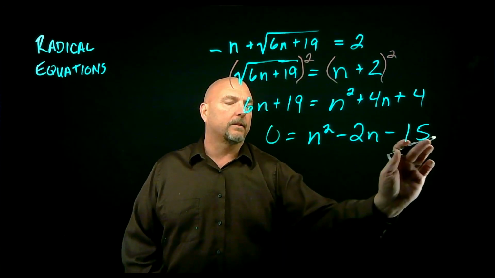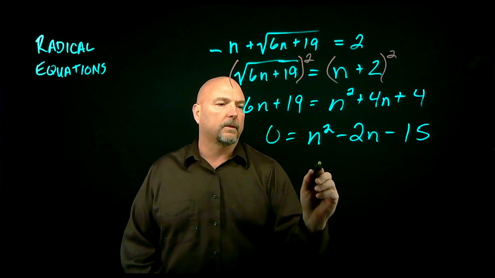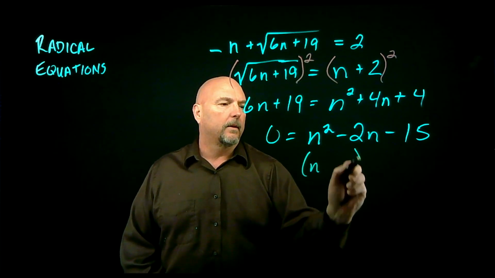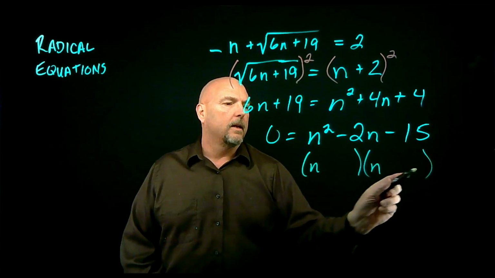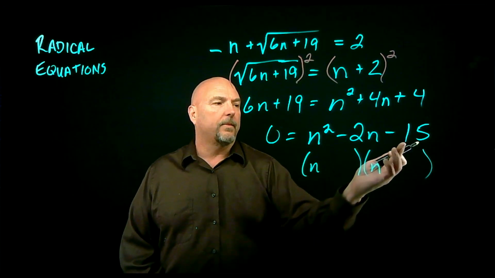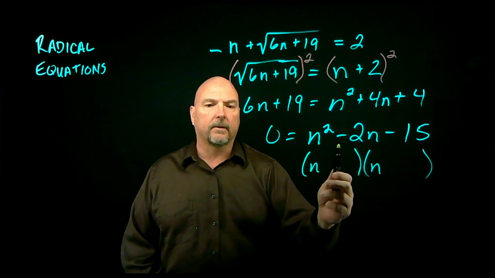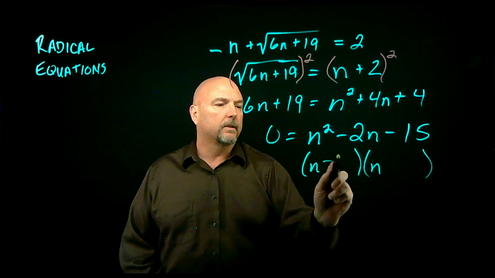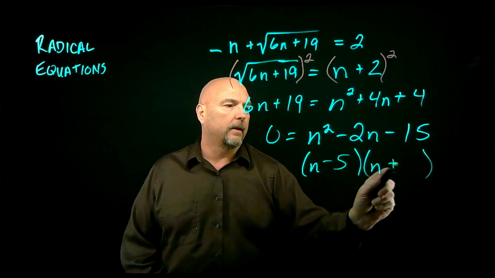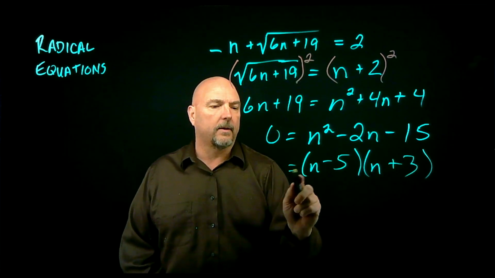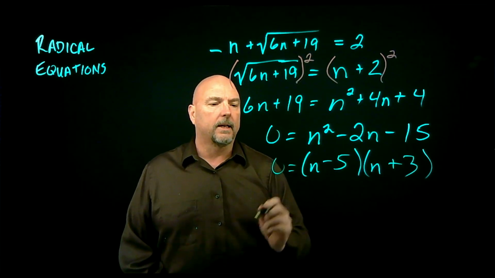So that's going to be equal to 0: n squared minus 2n minus 15 equals 0. Let's go ahead and solve this. n times n is n squared. I'm thinking of factors of 15 whose difference is 2. That would be a negative 5 and a positive 3. Is that right? I think we're right on that.